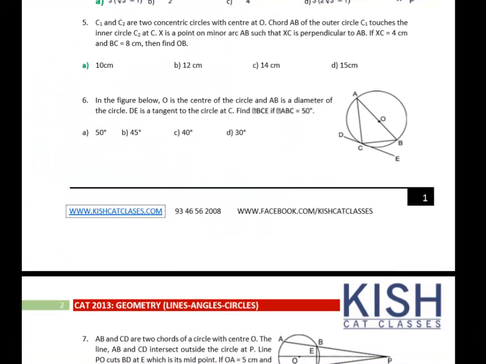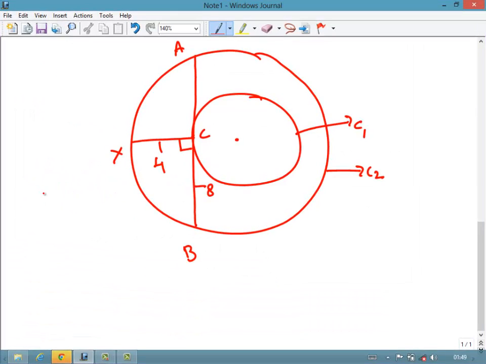Now what should you do? Find OB. What is OB? You need to find the radius. Now how will you find the radius here? You just have to focus on it.